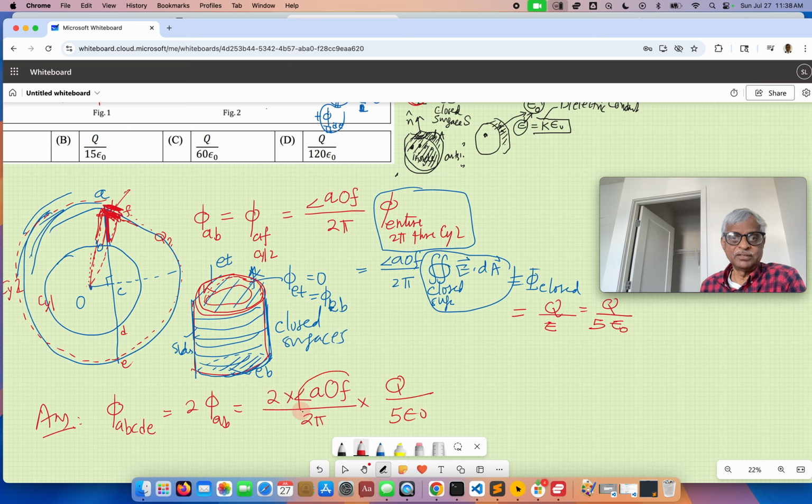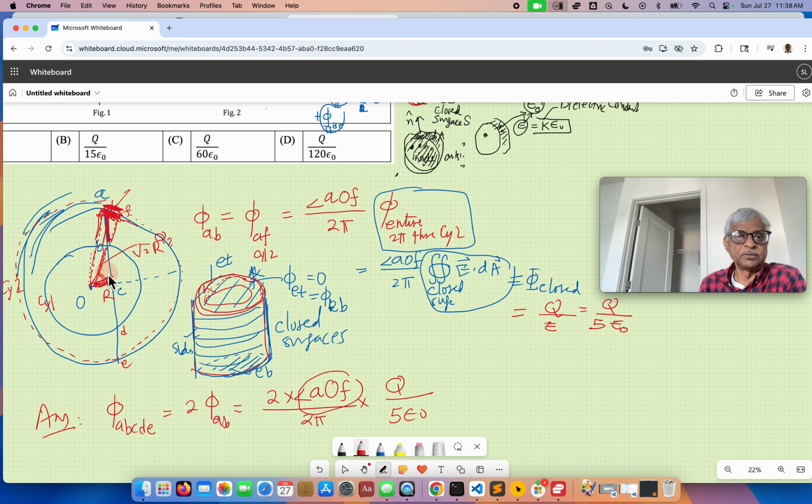So this is the angle I need to figure out. They give you this is R, and they give you this distance is square root 2 R.